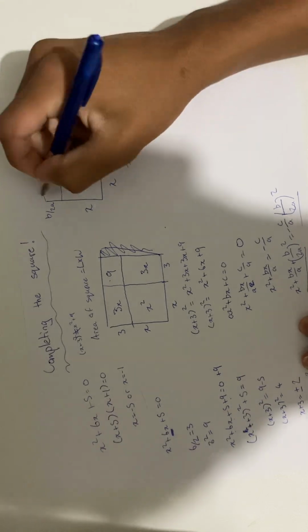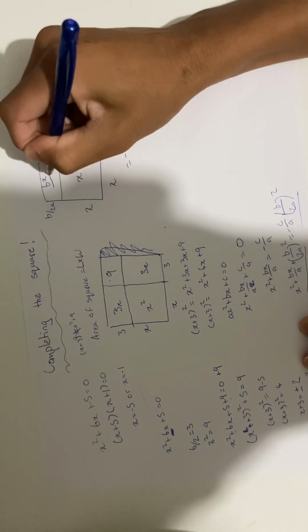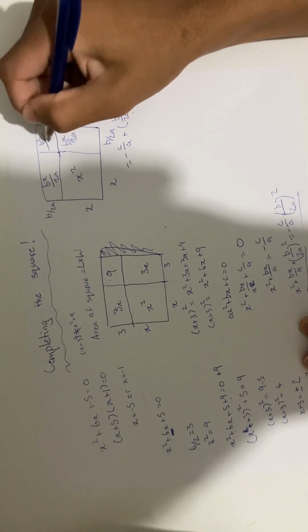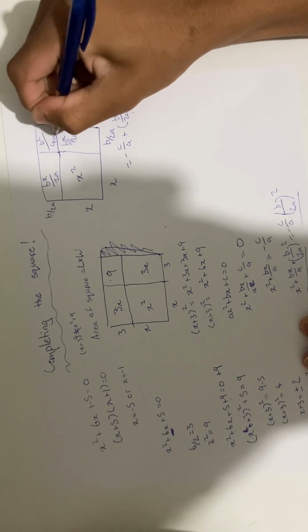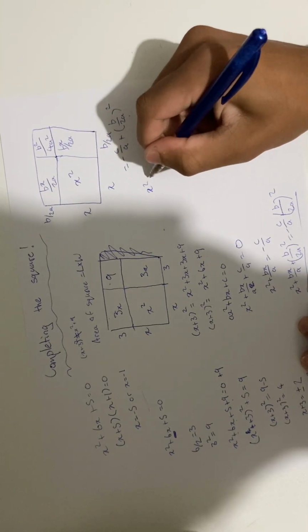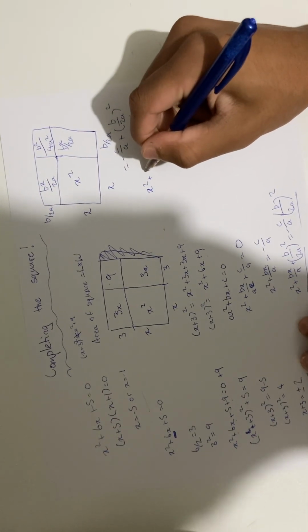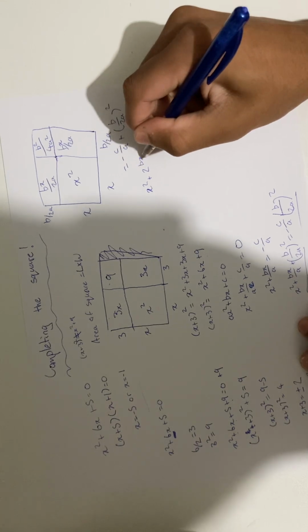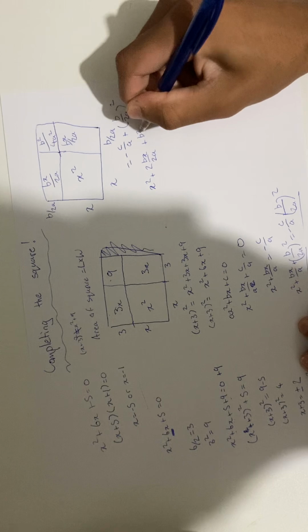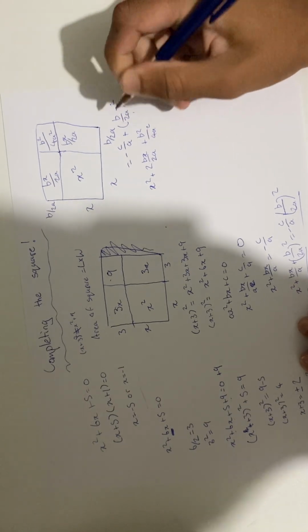So bx, sorry. Same thing here. Bx divided by 2a. And this is going to be b squared divided by 4a squared. Now, let's solve it. x squared plus 2bx over 2a plus b squared divided by 4a squared is equal to this.